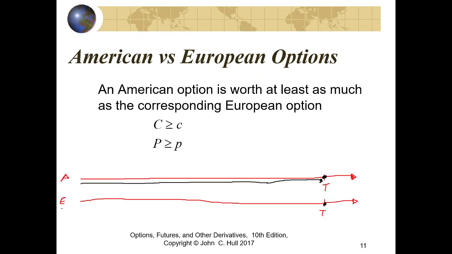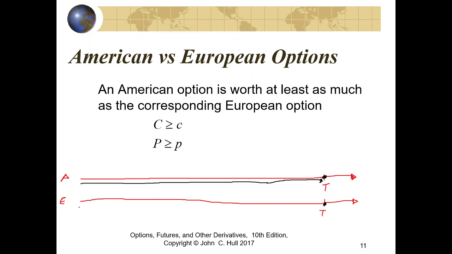So we know from the definition that a European call or put option is only possible to be exercised on the expiration date. An American option is also possible to exercise on the expiration date, plus we can exercise the call and put anytime before the expiration date.